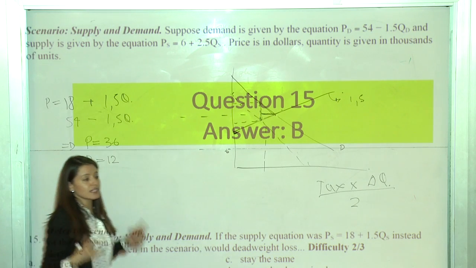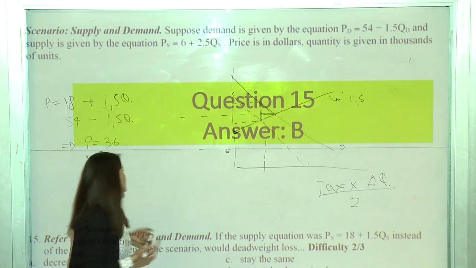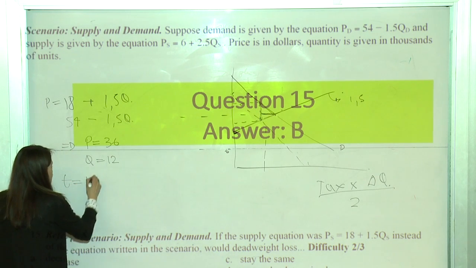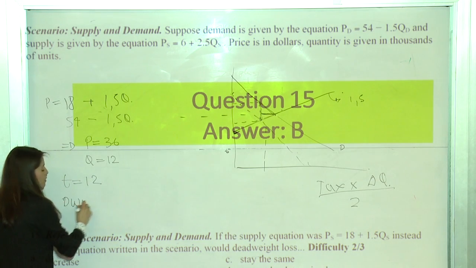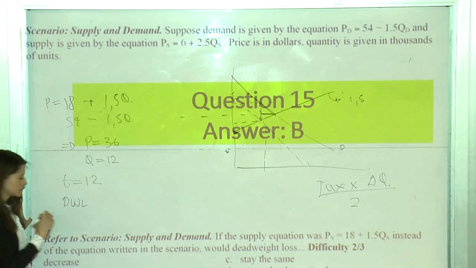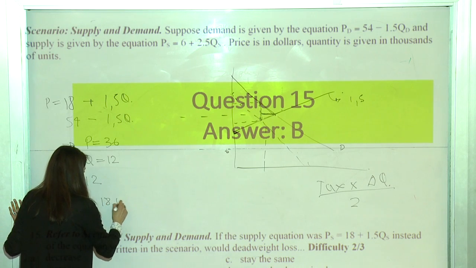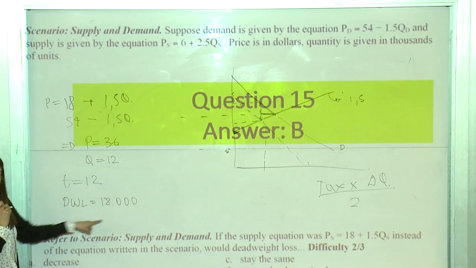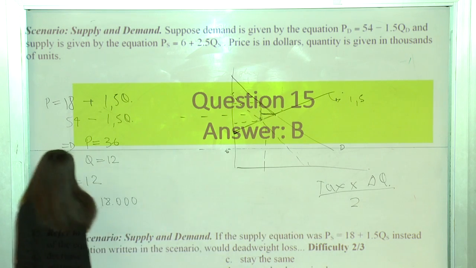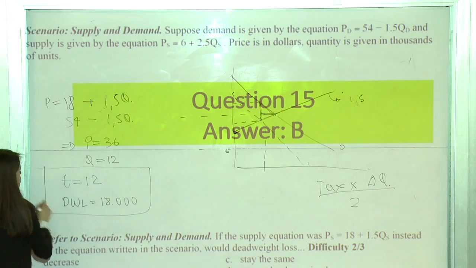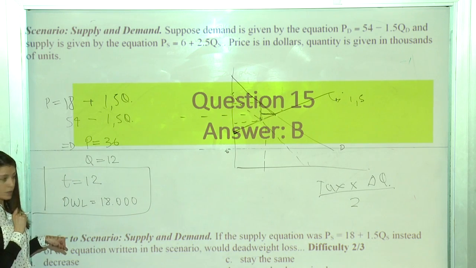So let's use the tax that we were using before. The tax that we used before, which was 12, gave us a deadweight loss of how much? 18,000, right? Okay, so this is with the previous supply function.